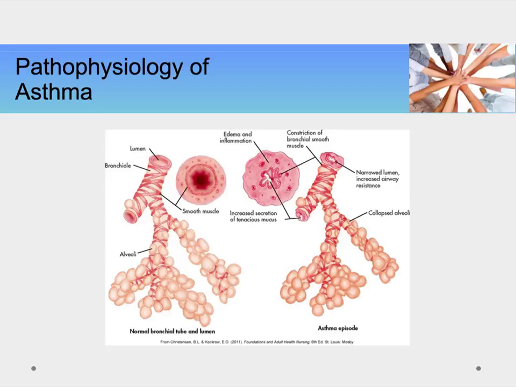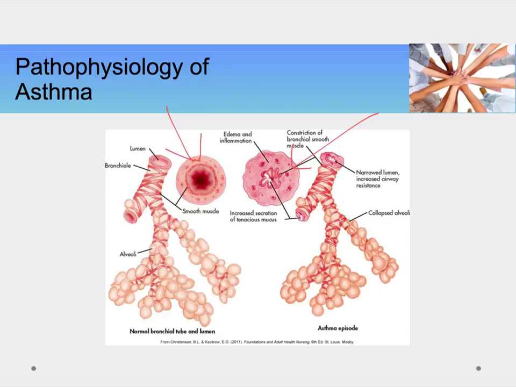This is the same picture that I just drew on that last slide. This is your normal lumen of your bronchioles, that normal smooth muscle. This is the inside of a bronchial tube that has now had that hyperactivity to some kind of trigger they've been exposed to, and now they have increased secretion, mucus, inflammation, and constriction of the bronchial smooth muscle.